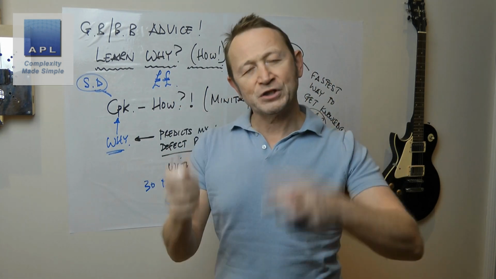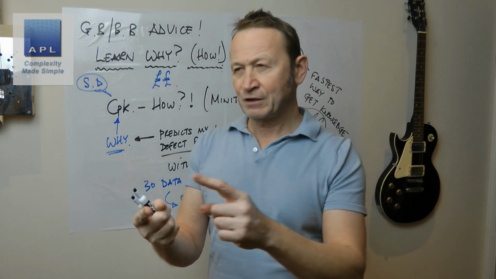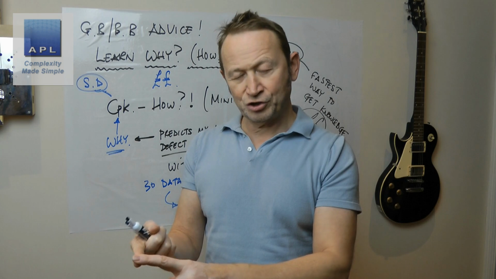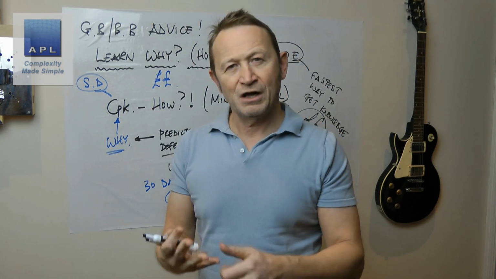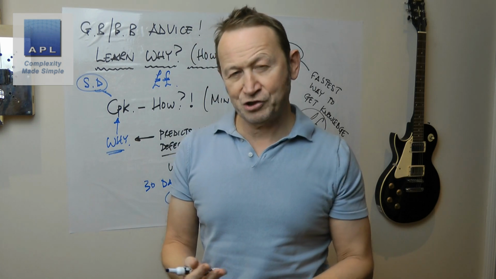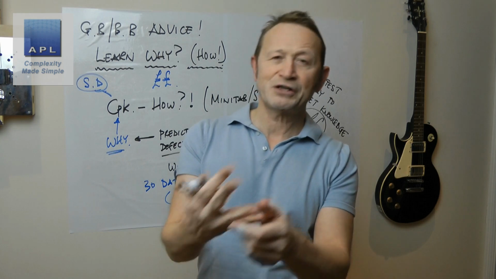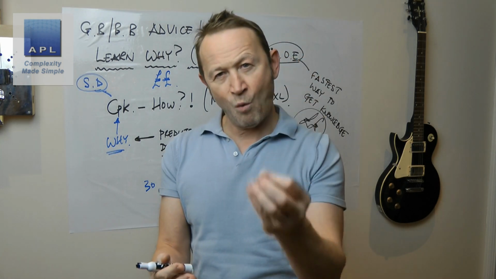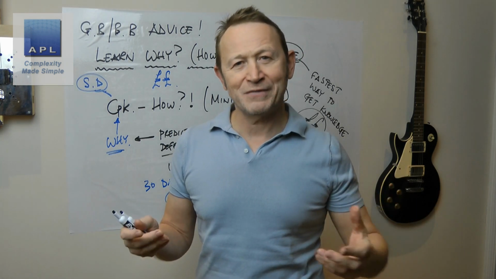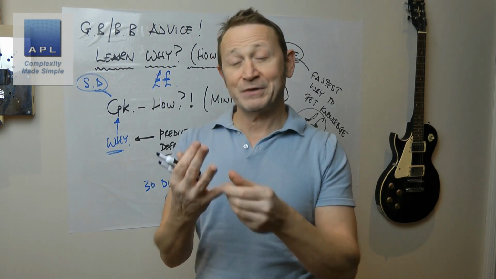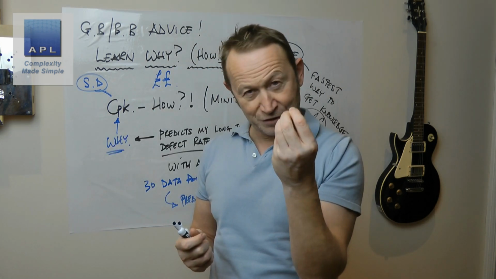That's why. But specifically, for each tool you should say, why am I using a run chart? Why do I use a histogram? Why do I use CPK? What's it for? Why would I use a multivary chart? So there's seven quality tools. Why would I use a flow diagram and a cause and effect diagram? Why? How really doesn't matter. You need to know why, because each time you know why, you'll know why you're pulling the tool out of the box.